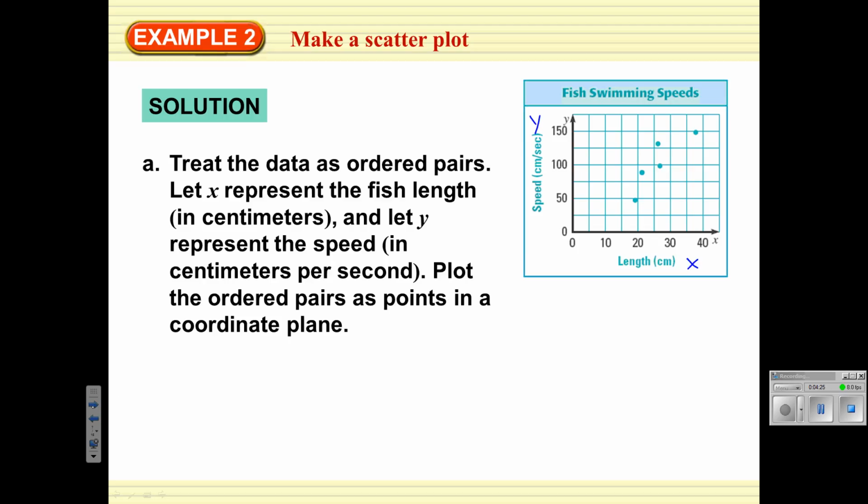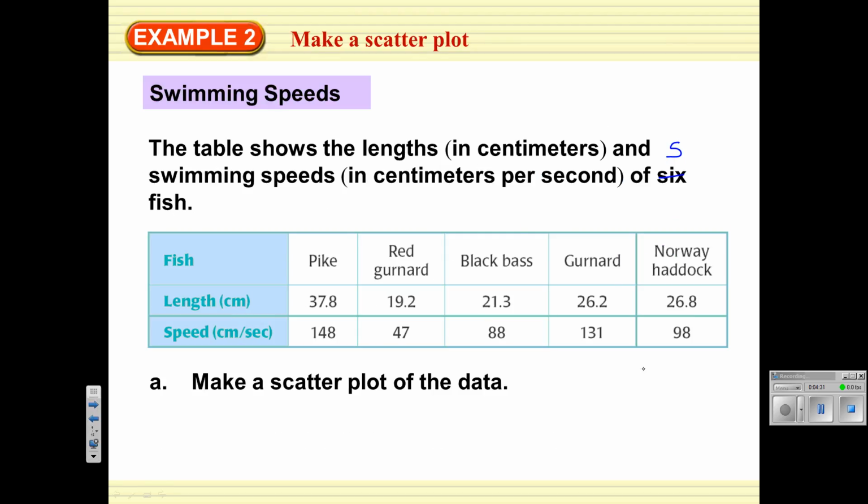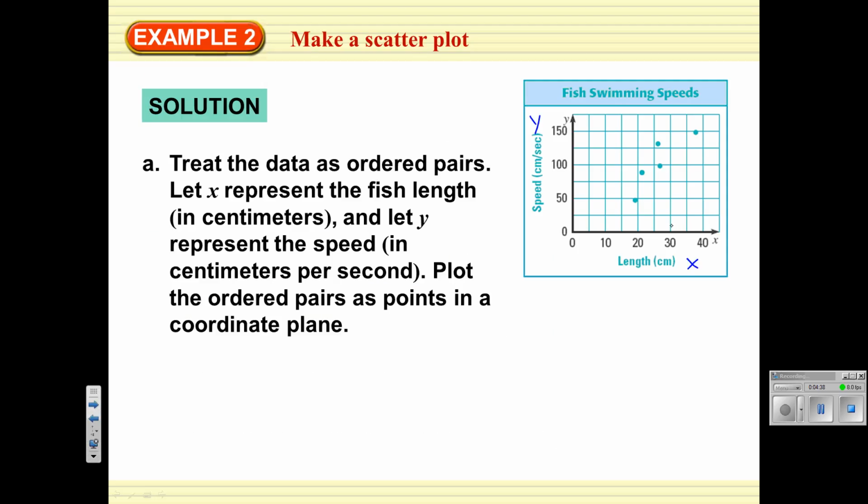Okay, so we've plotted these points. These are all the points from this table. We just used the length 37.8 and then went to speed, and I'll show you that. So the pike was at 37.8, which was about here, and the speed was almost 150. So we've graphed each of those fish by their length and speed.